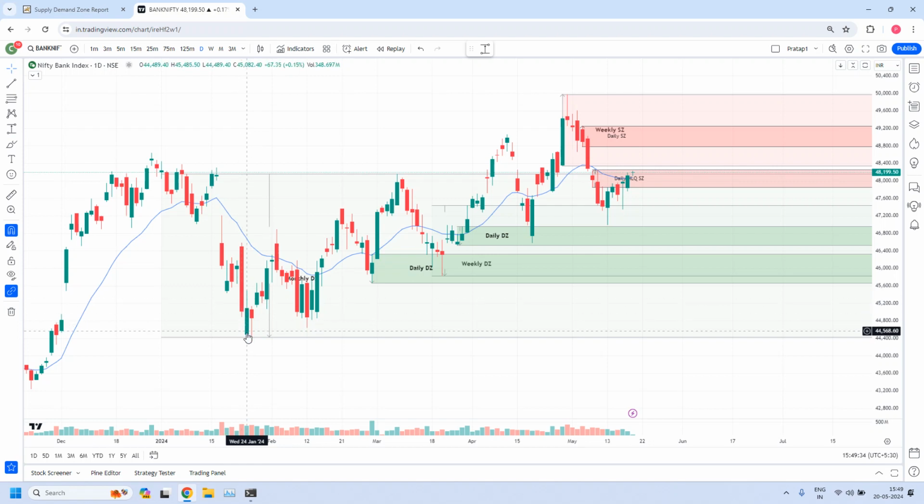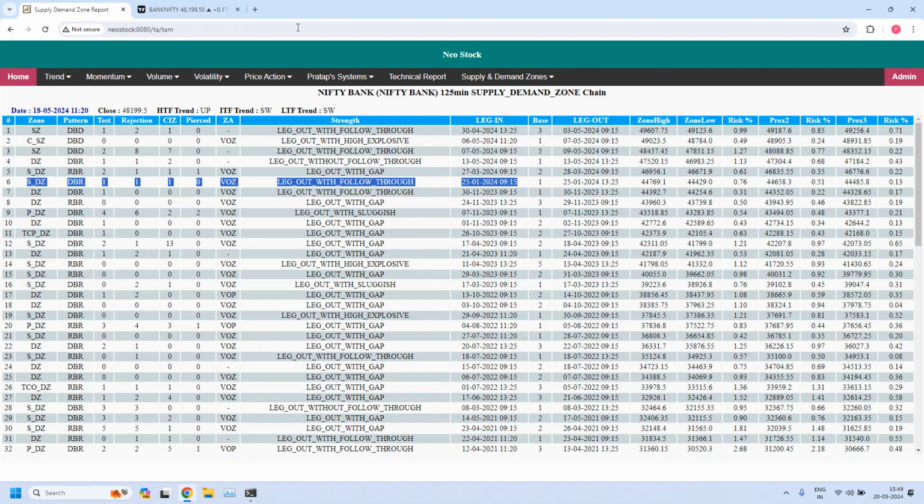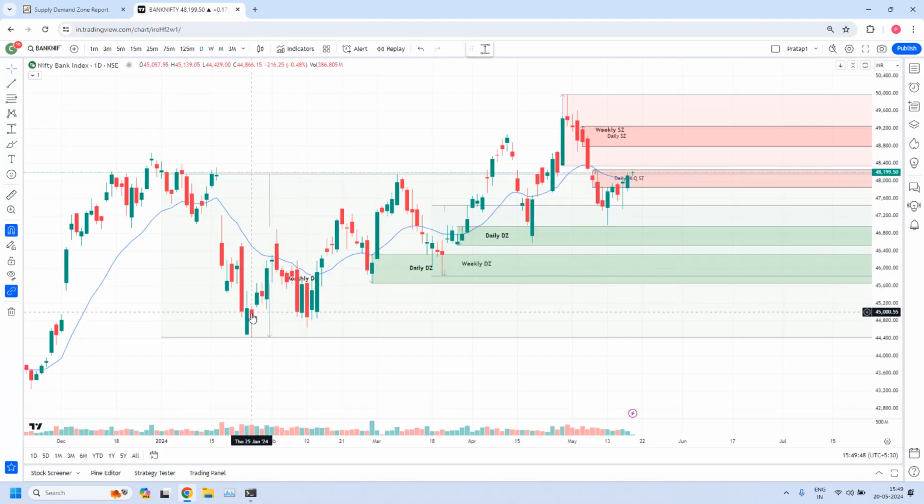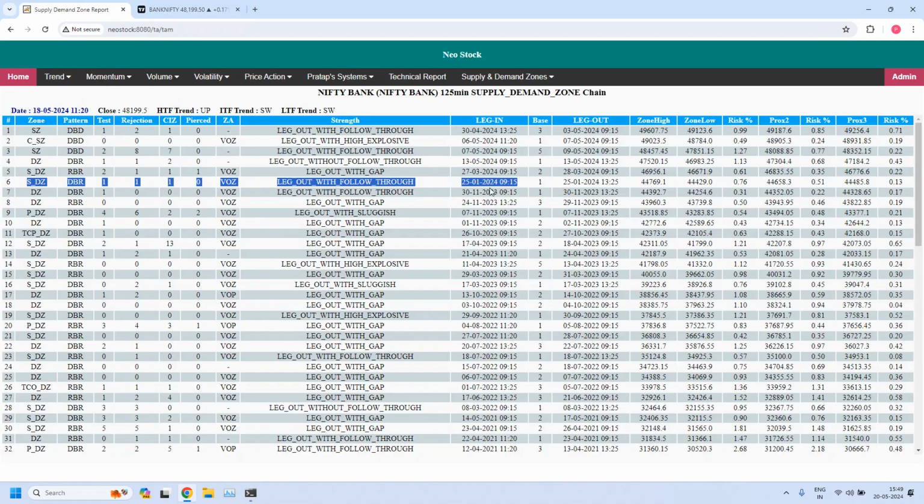We have a rally base with this hidden body, again a rally candle. This is 24 January, but this is 25 January. 25 January, then how?